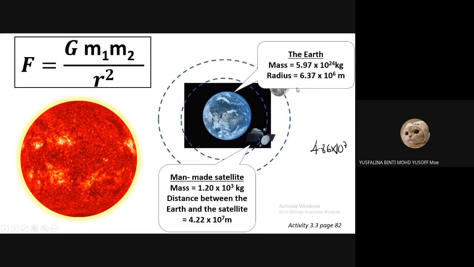So we just multiply G m1 m2 over r square. So 6.67 times 10 power of negative 11, the mass 5.97 times 10 power of 24, and then multiply with 1.2 times 10 power of 3. And then the R, we have to take the radius here, 6.37 times 10 power of 6, because before it launch, of course, it has to be at the surface of the earth, right?